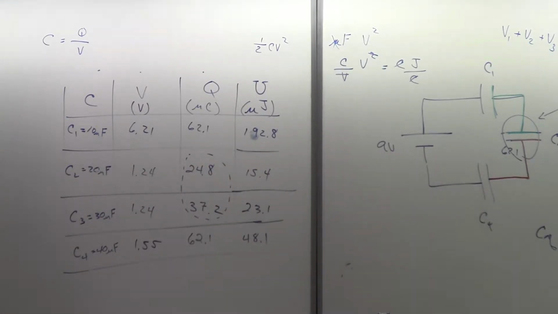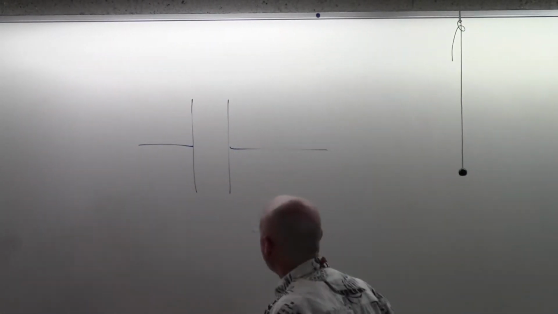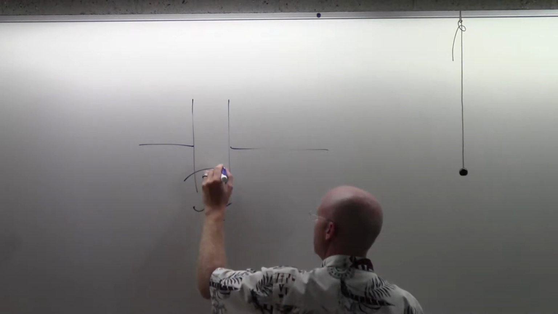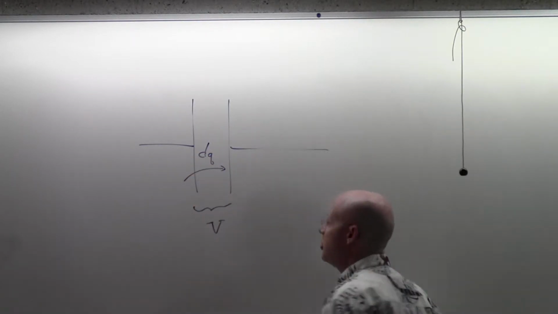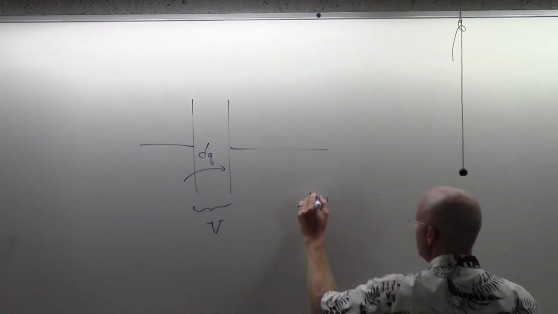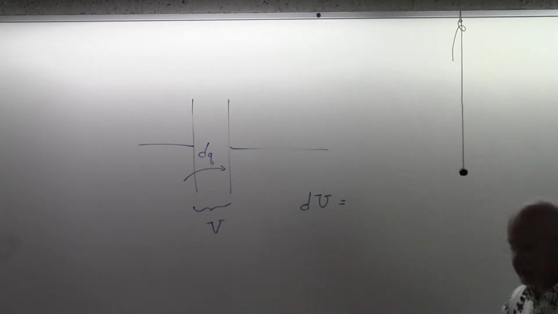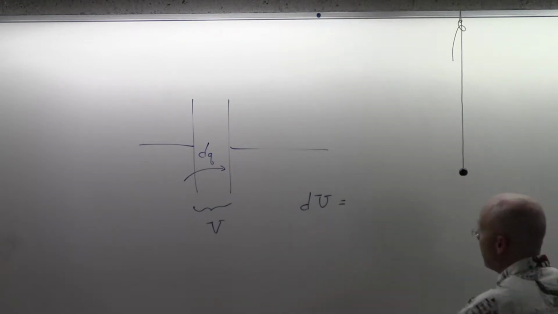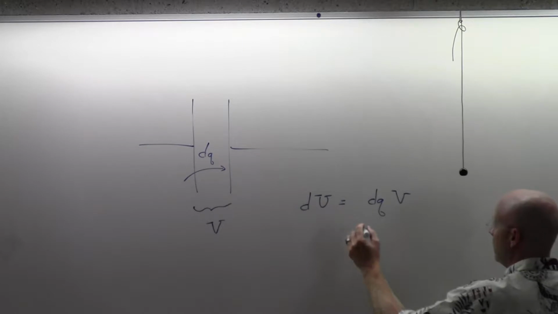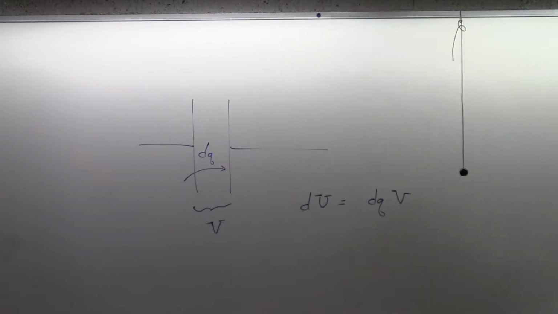So if I was building the energy on a capacitor, at some point there would be a voltage difference, and I would move a charge dq from one to another. So the change in energy as I move it across would be the amount of charge times the voltage, right? Can't you use that for that one?